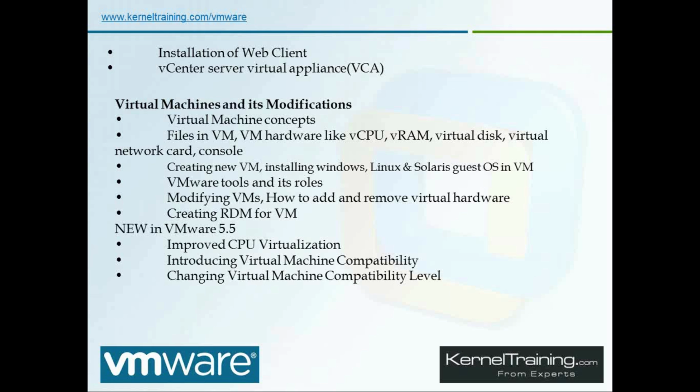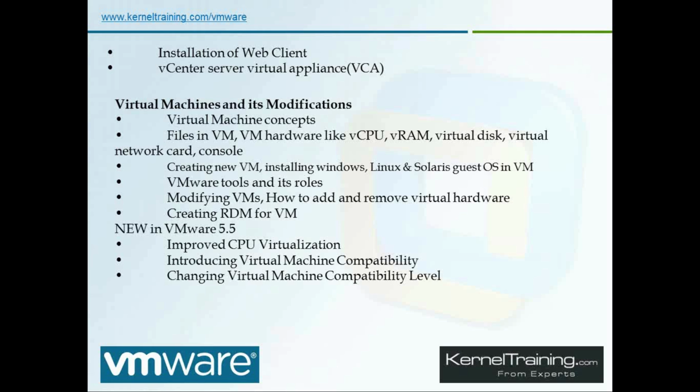Whenever we create a virtual machine and power it on, we will be getting these types of files. Each file has its own description. The .vmx is the configuration file, .vmdk is the hard disk file, .vmsd is the snapshot database file.